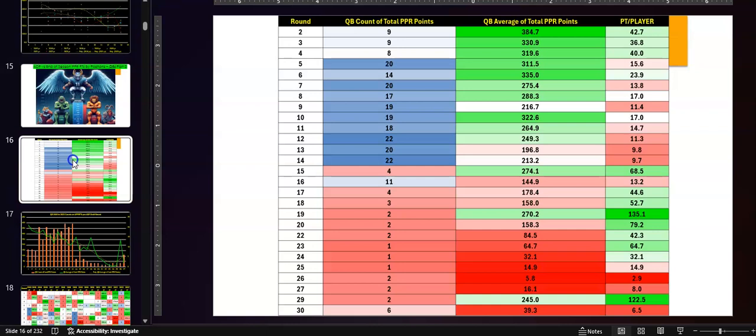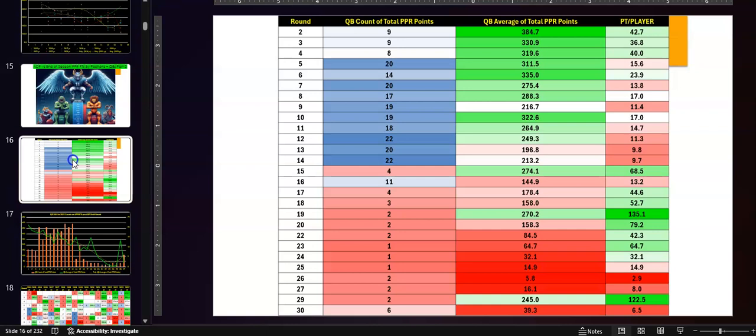Anyway, circling back, I like to see the numbers of quarterbacks and where they're drafted. I've got this for tight ends, running backs, and wide receivers as well. At the same time, I like to look at the average end of season, EOS, total fantasy points, and then the average points per player.